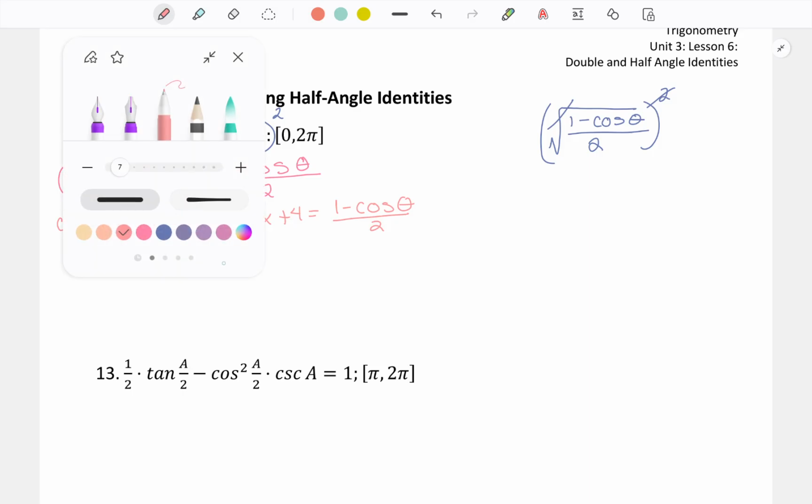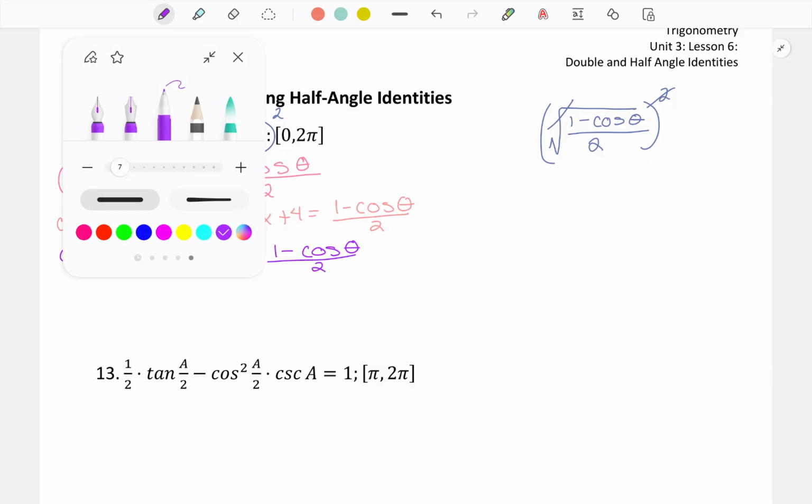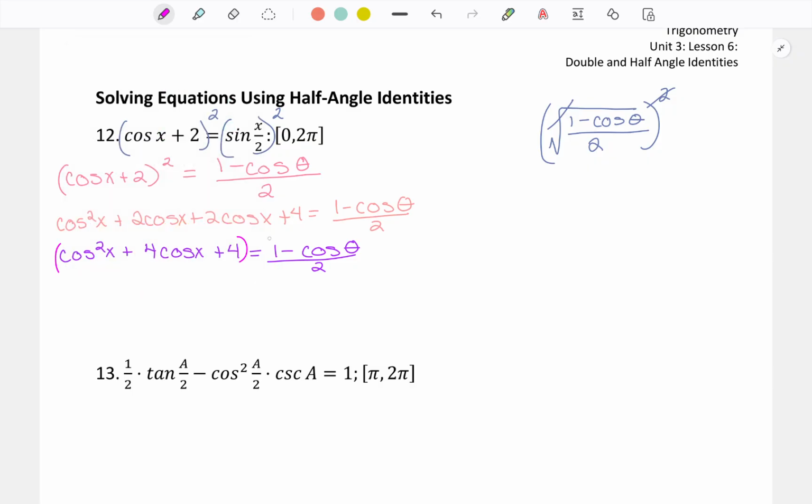And so we're going to combine like terms. And so we have cosine squared x plus 4 cosine x plus 4 equals 1 minus cosine theta over 2. And then we are going to multiply both sides by 2. So we have 2 cosine squared x plus 8 cosine x plus 8 equals 1 minus cosine theta.